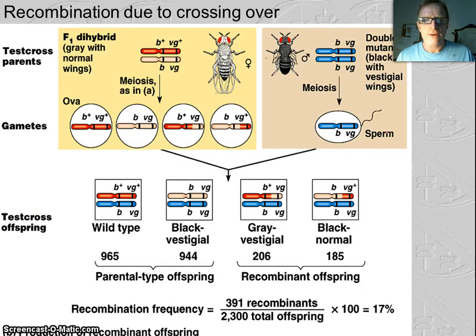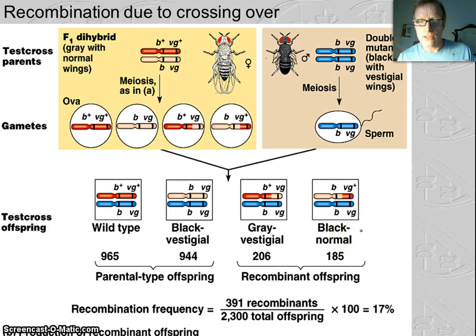Okay, so for example, when he looked at these linked traits, he found that when he crossed them, of 2,300 individuals, most of them showed that 50-50, showing wild type for both traits or recessive for both traits. However, 206 showed the gray vestigial, meaning unlinking of those traits, and then another 185 showed the black condition with the normal wings.